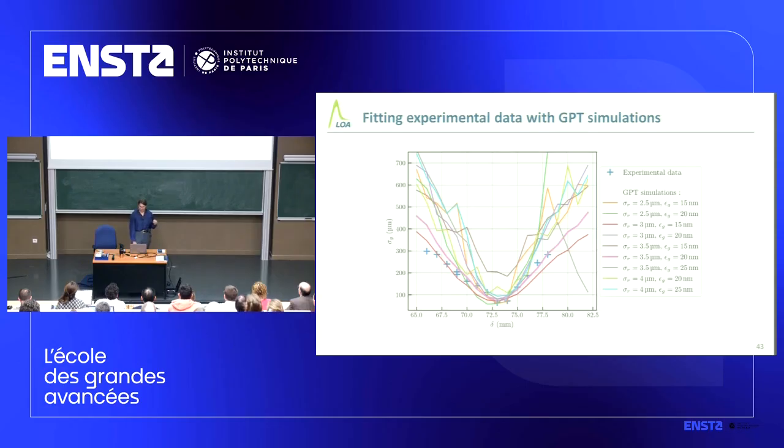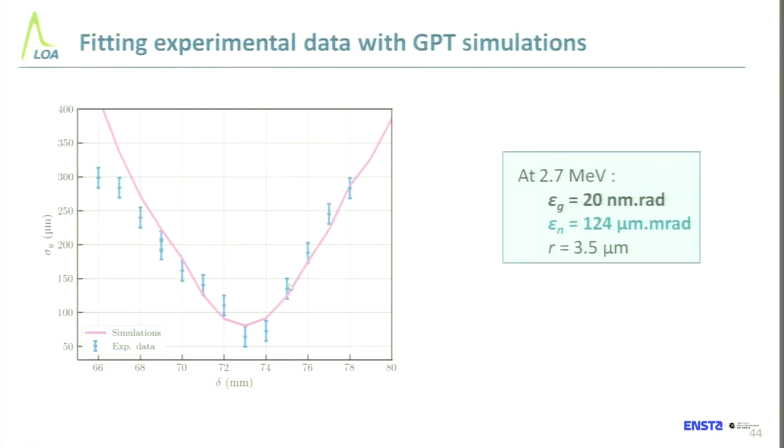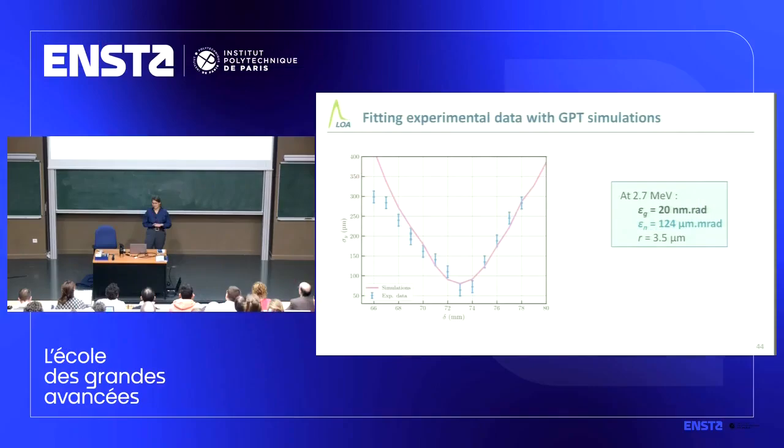So we tested various parameters, and you see that there is one specific parameter set that fits our experimental data. So here it's the best fit that we have, which corresponds to a geometrical emittance of 20 nanometer radians, which is also 124 micrometer milliradians if we look at the normalized emittance. And here the blue uncertainties correspond to the resolution of our optical system.